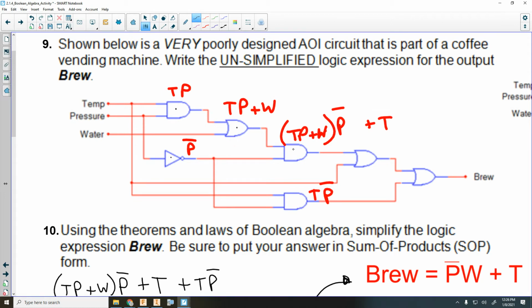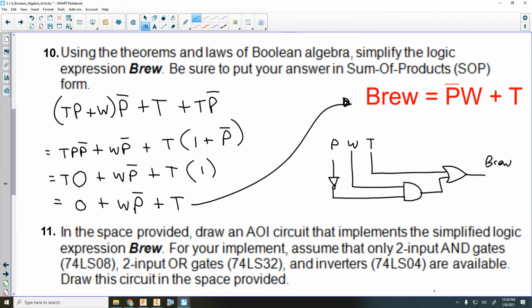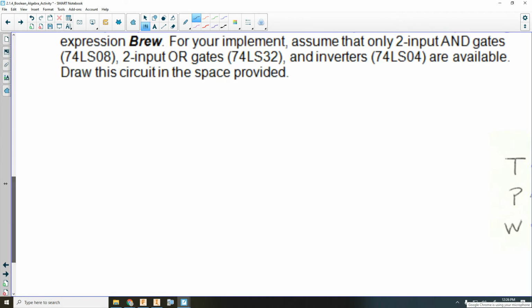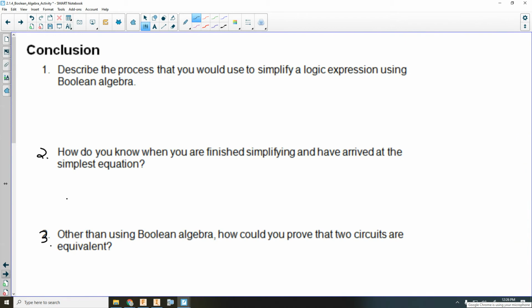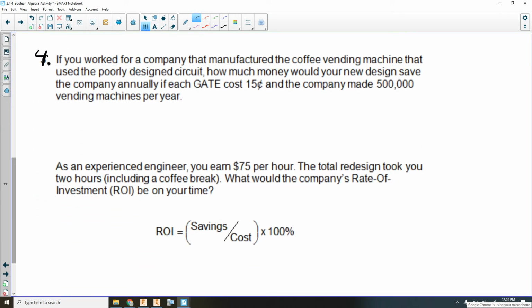1, 2, 3, 4, 5, 6, 7. Okay, and in the improved simplified circuit, I've got 1, 2, 3 gates. Okay, so how much does our new design save?